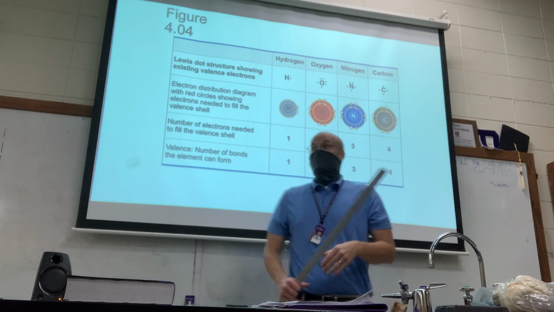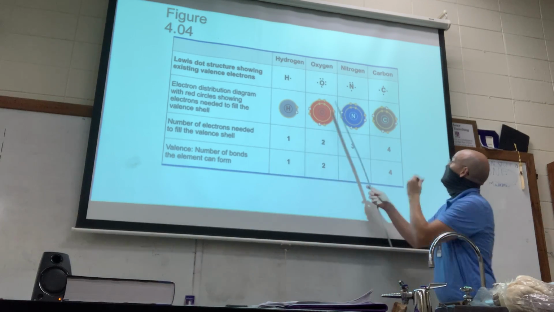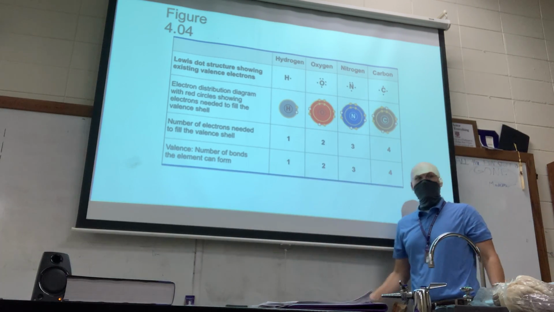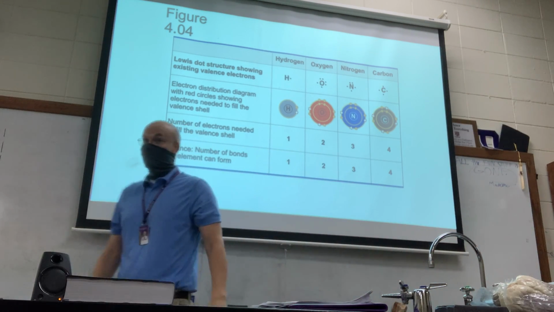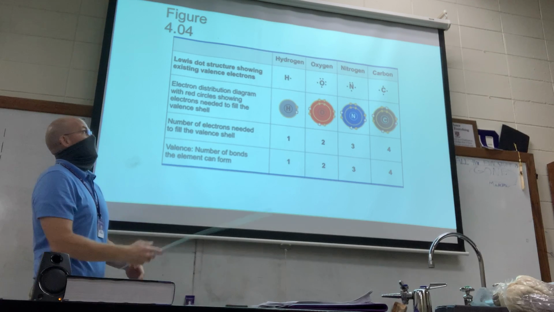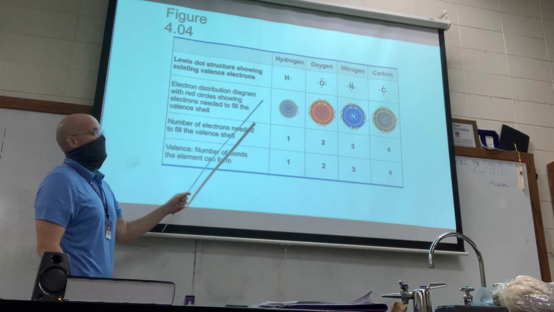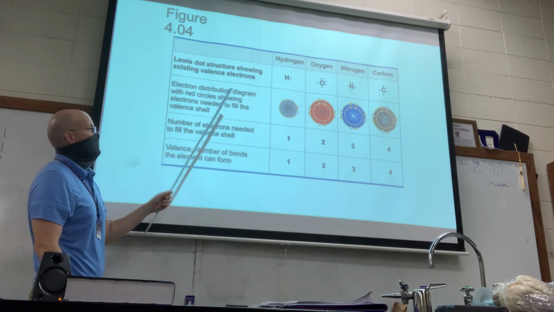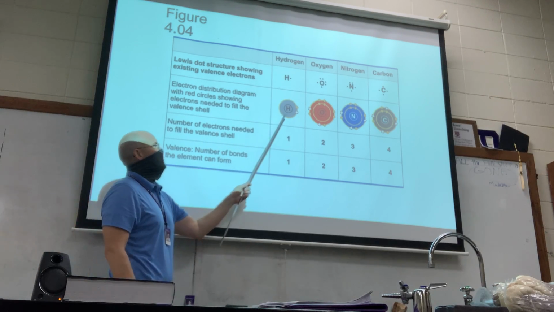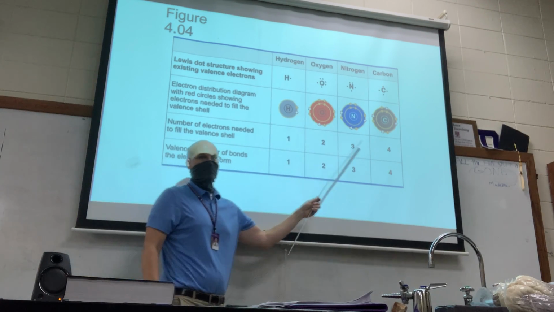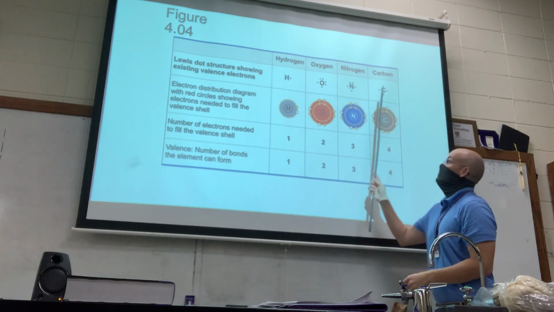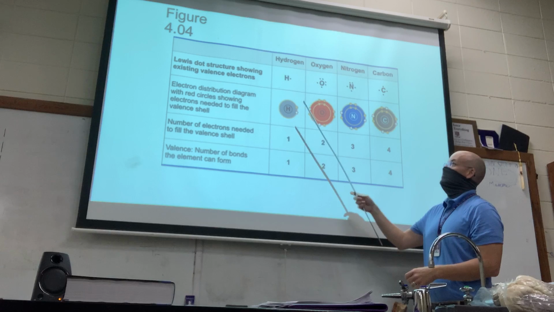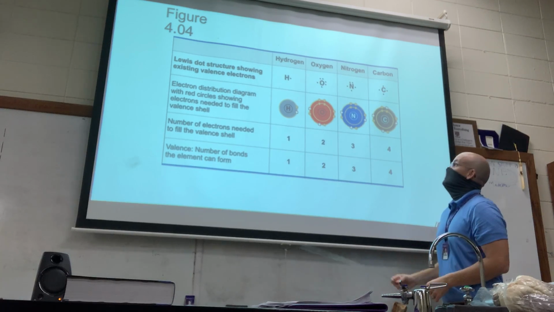Okay. So here are 4 really common elements that you find in living things. And there are a few different viewpoints that you have up here for these elements, including the really old Bohr model of the atom, and then just a simple dot diagram, or as they call it, a Lewis dot structure.